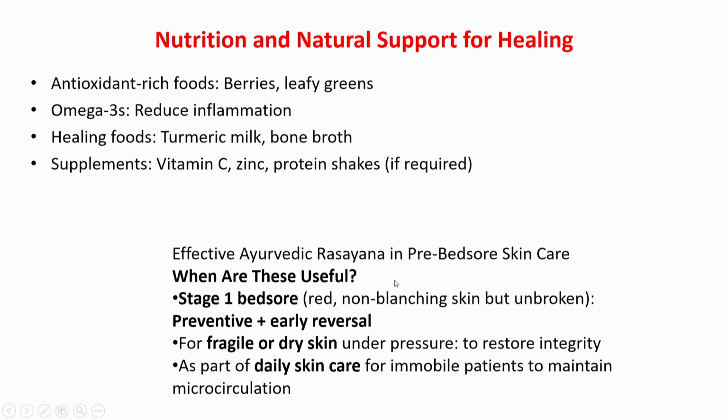When are these useful? Stage 1 bed sore: red, non-blanching skin but unbroken. As long as the skin is unbroken, these rasayanas are very effective. Preventive plus early reversal. Early reversal is also important for fragile or dry skin under pressure, to restore integrity as part of the daily skin care for immobile patients, to maintain the microcirculation.